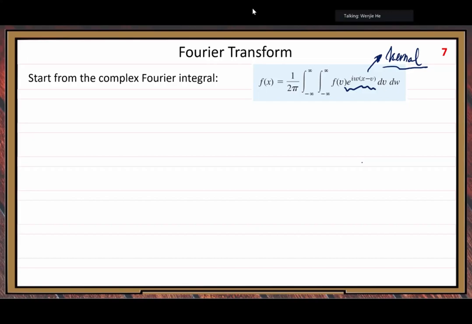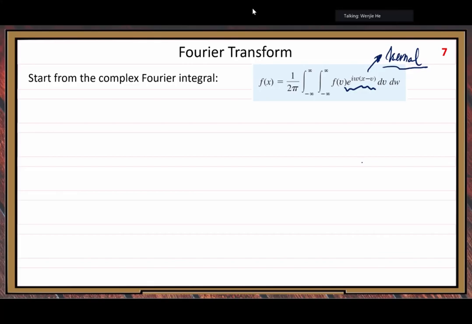Then our input function. What is our input function? The original little f function. Using some kernel function, we do the integral transform, but we do double integrals, not a single integral.